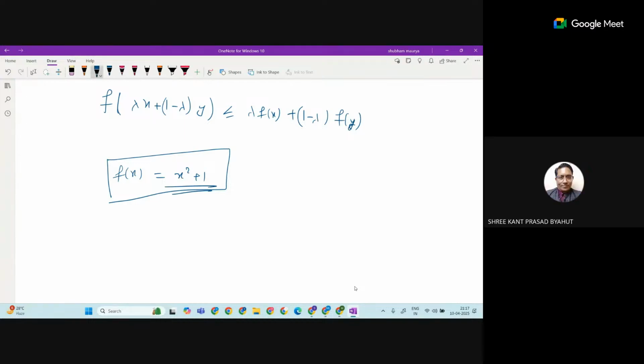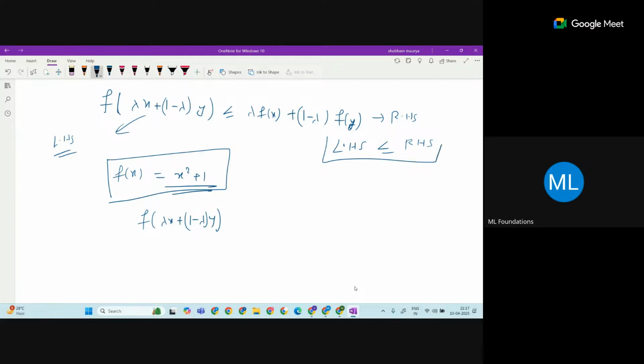If you want to check it, take the left hand side first, f of lambda times x plus 1 minus lambda times y, and then the right hand side. The left hand side should be less than or equal to the right hand side. That is what we want to check.